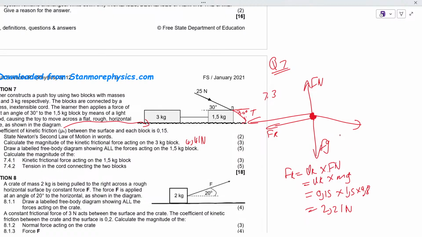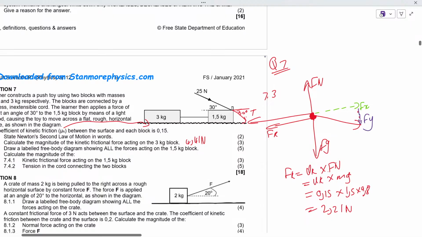Okay, so you must note that if there is an Fy, there's also going to be an Fx, and there's going to be Fy here.